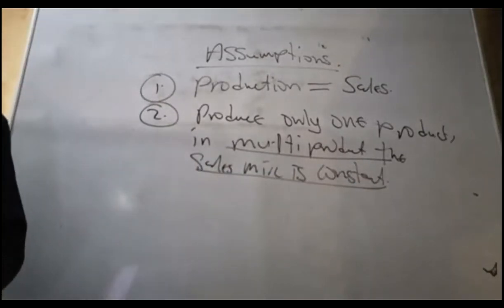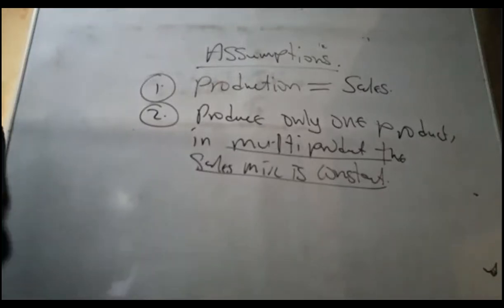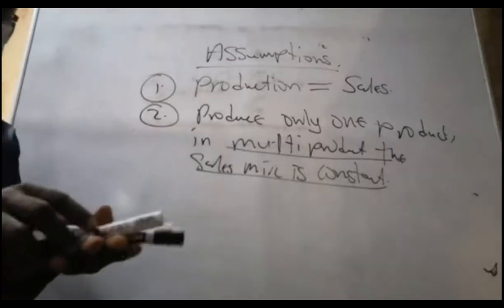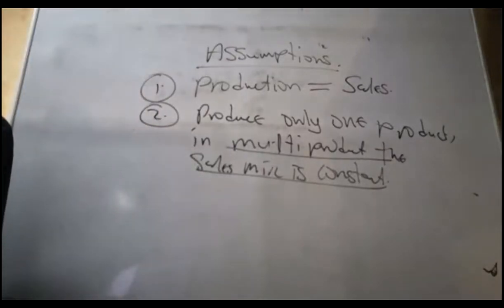Let's assume that you produce markers and dusters. So the mix will be like this. Anytime we dispose of 4 markers, just one duster must move. Right.